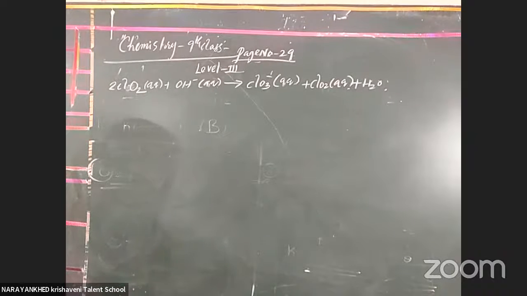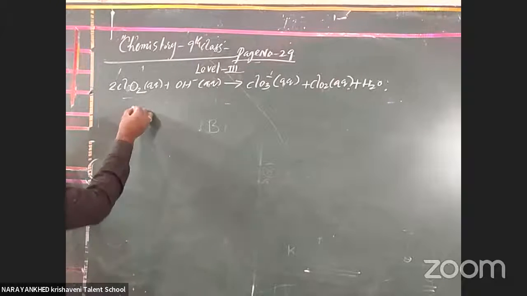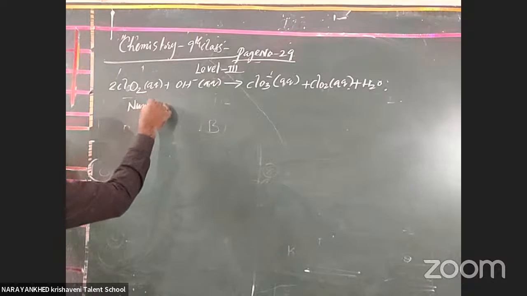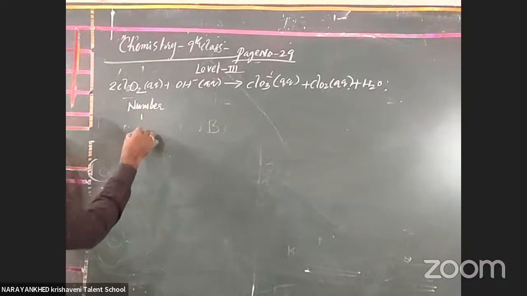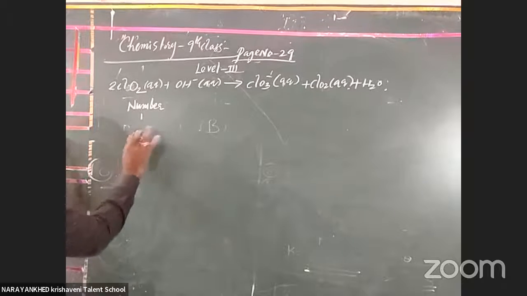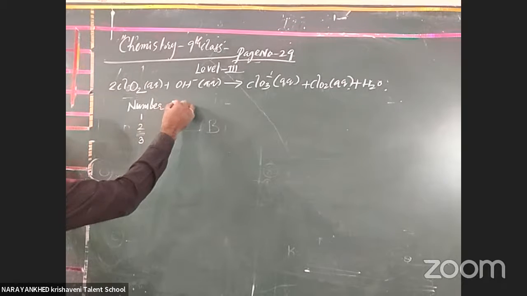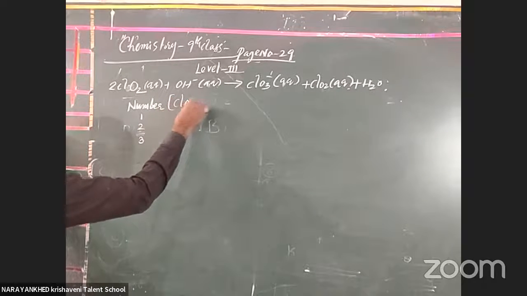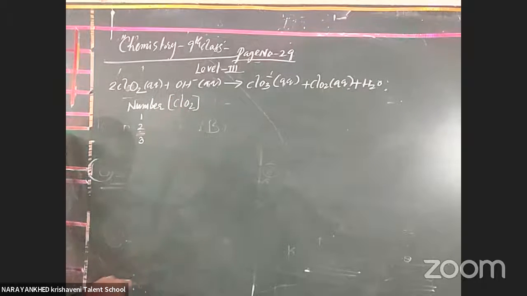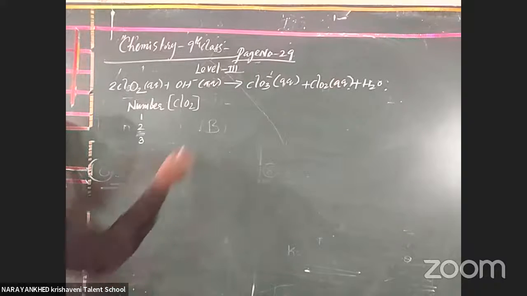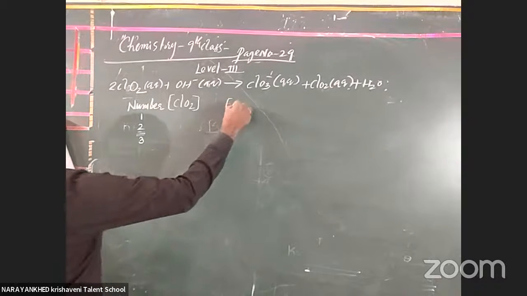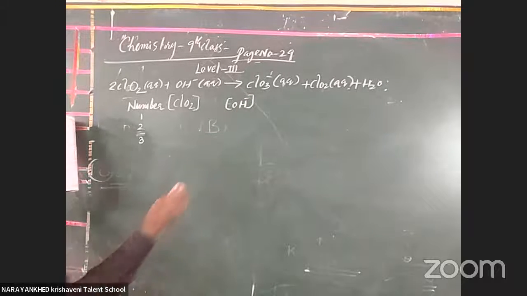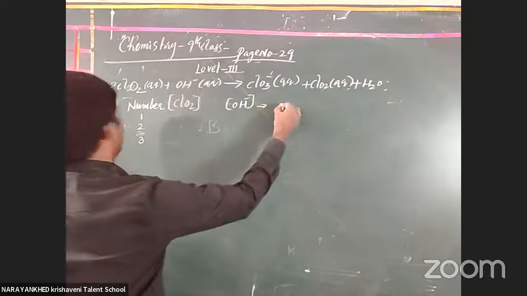These are the trials they consider: first trial, second trial, and third trial. Now in this one, the molarity and concentration of the first component, chlorine dioxide, and the next one is the concentration of OH minus ions, and finally we have taken a product concentration also.